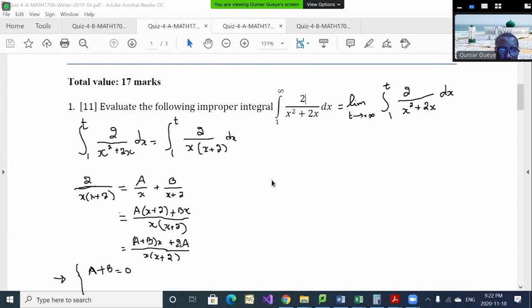And the constant 2A should be equal to 2. When you substitute A plus B by 0 and 2A by 2, you get exactly the numerator equal to 2.